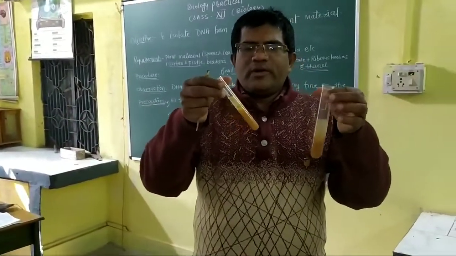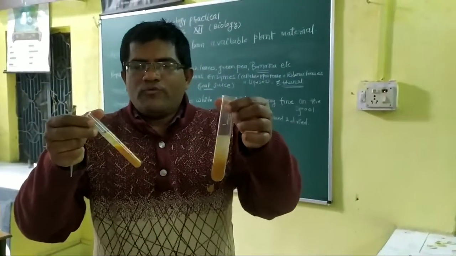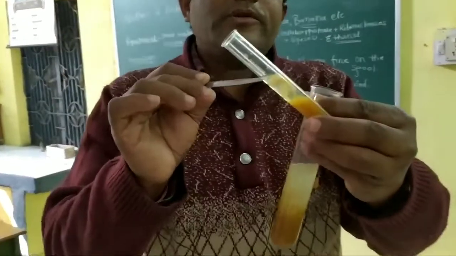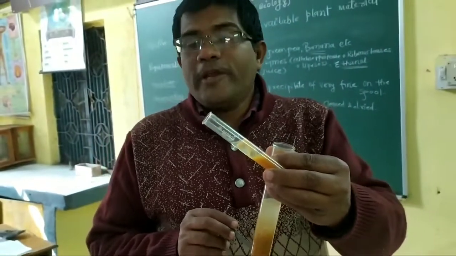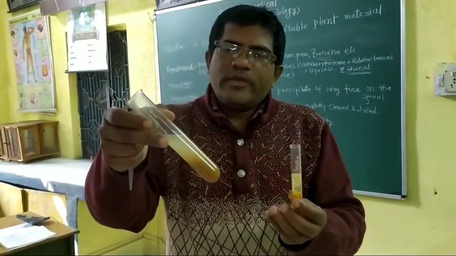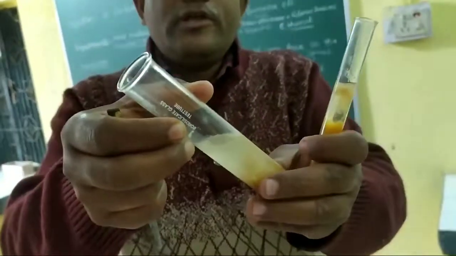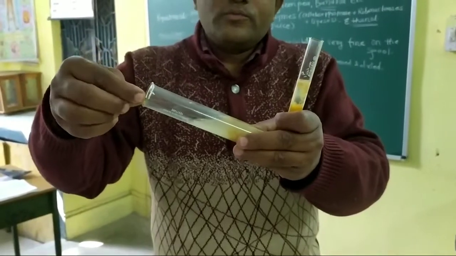After mixing, after 2 to 5 minutes, what we observe is a white color of precipitate present in the test tube, and this white precipitate is the DNA. Here also we can see a white precipitate, and this is also DNA, and we can easily pull it up by spooling.